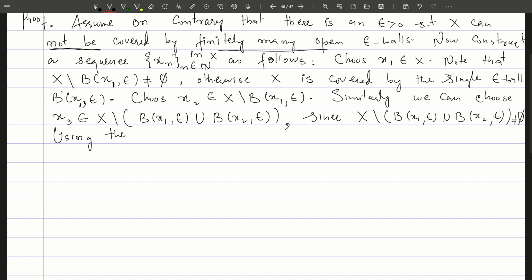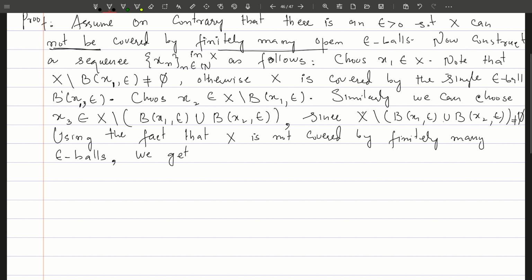Using the fact that X is not covered by finitely many epsilon balls, we get a sequence of points x1, x2, x3 and so on in X. So the situation is like this here.